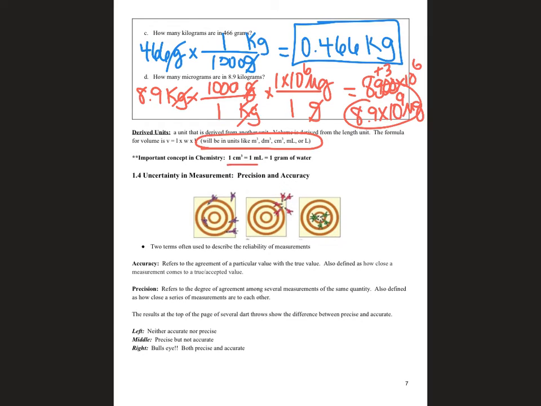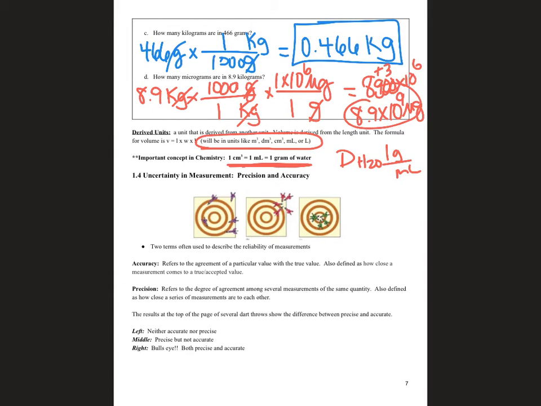So some important things, and you may want to highlight this in your notes. 1 centimeter cubed is always equal to 1 milliliter, which is also equal to 1 gram of water, because the density of water is 1 gram per milliliter. So we can say 1 milliliter of water is 1 gram of water. Those are things that you have to memorize and be able to use as we go through this.